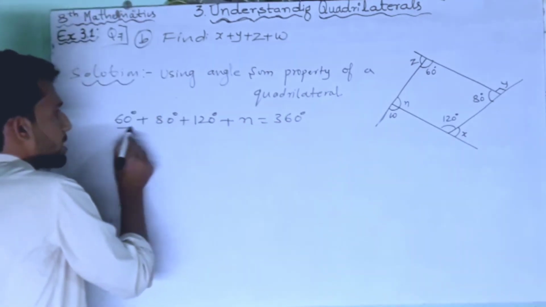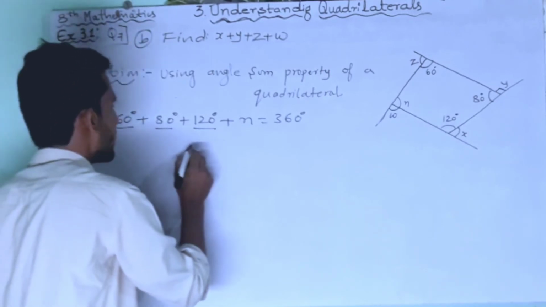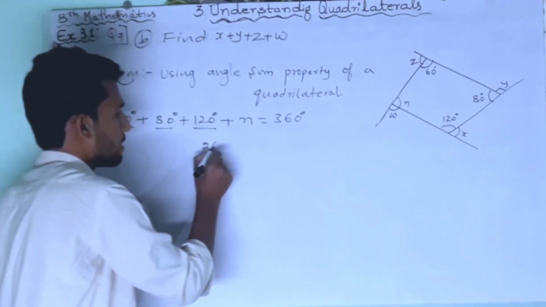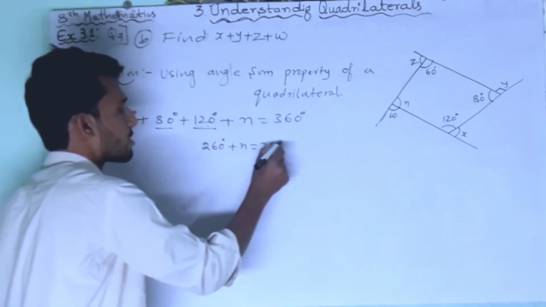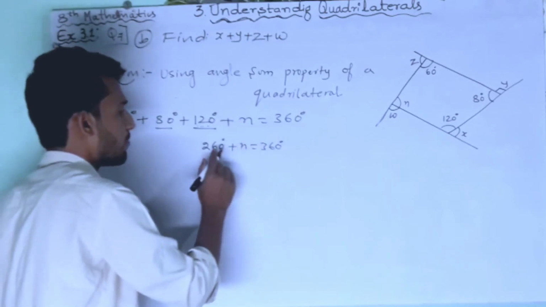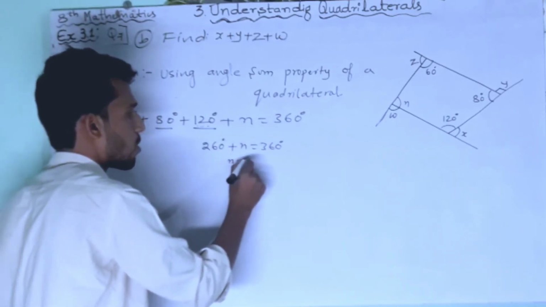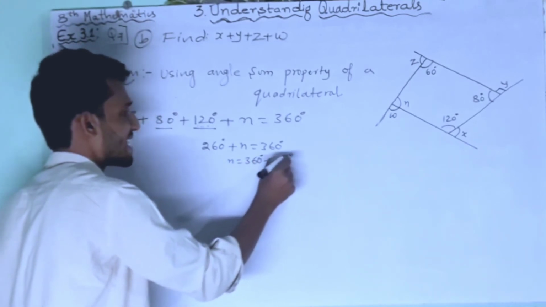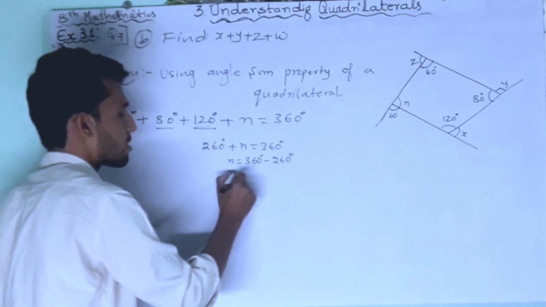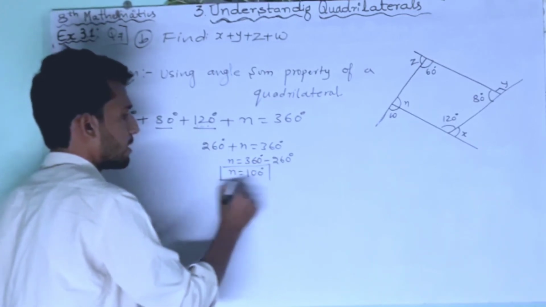When we add 60, 80 and 120, we get a total of 260 degrees plus n is equal to 360 degrees. When transposing from LHS to RHS, n is equal to 360 degrees minus 260 degrees. When you do the subtraction, the n value is 100 degrees.